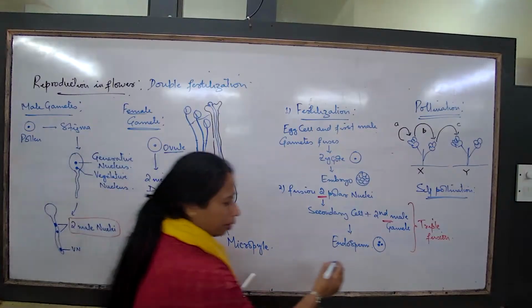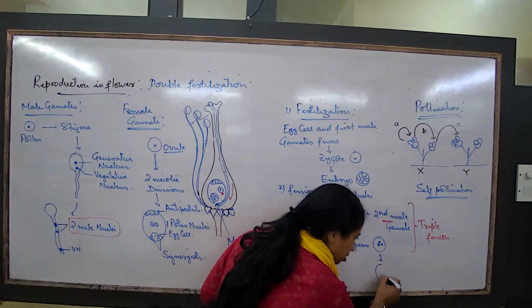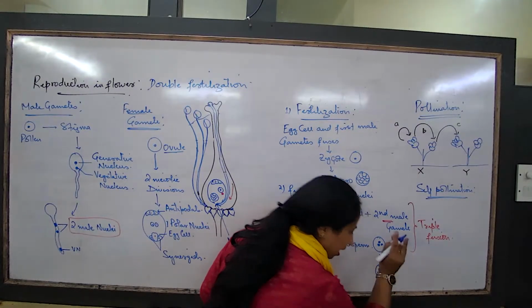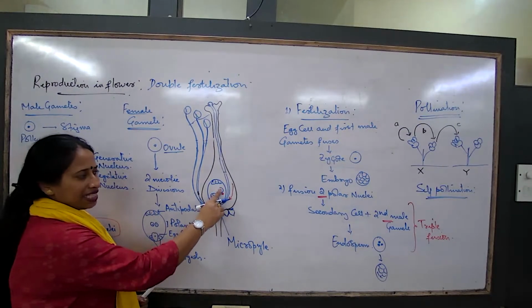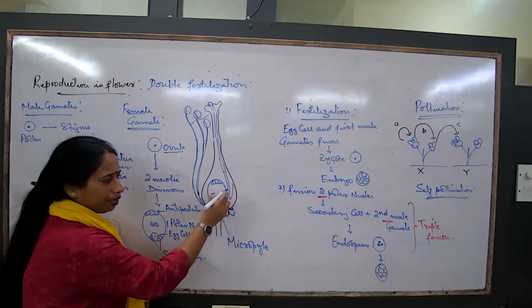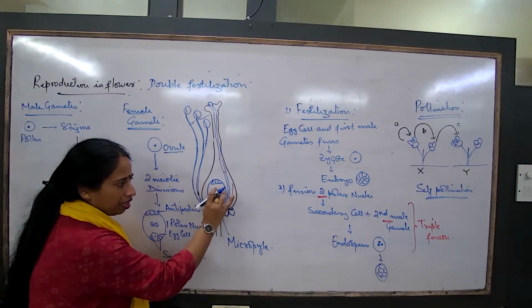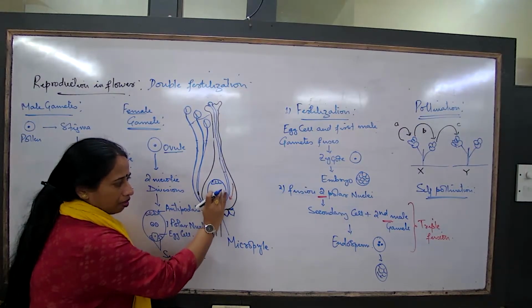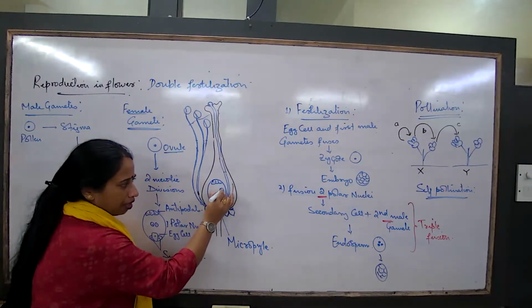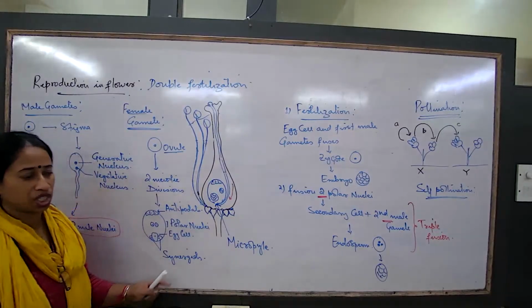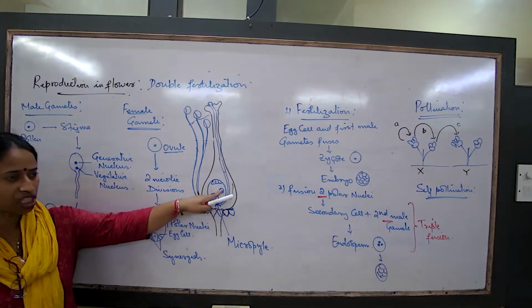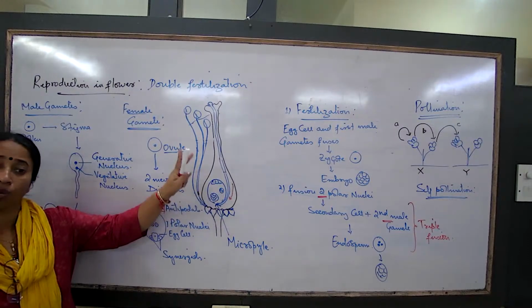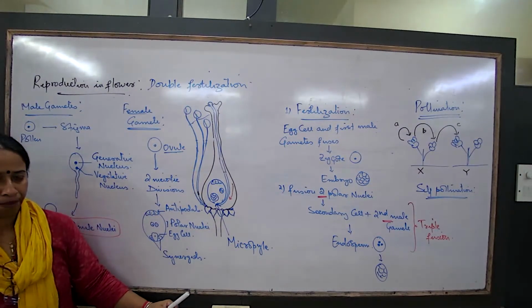But this endosperm also, very soon, will start giving rise to a multicellular structure. This multicellular structure will grow, or this will grow, depending absolutely on what type of plant it is.